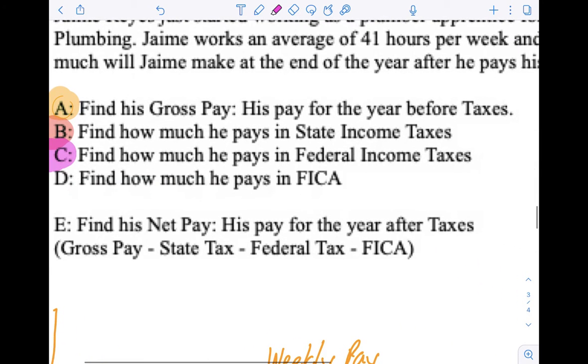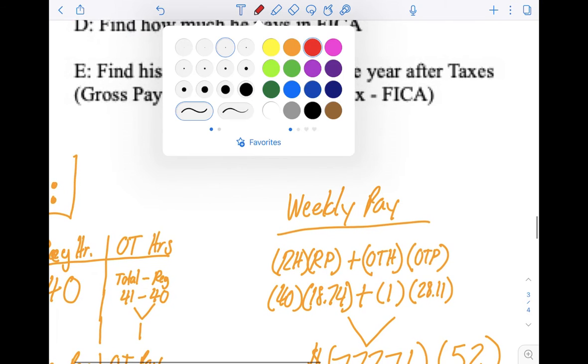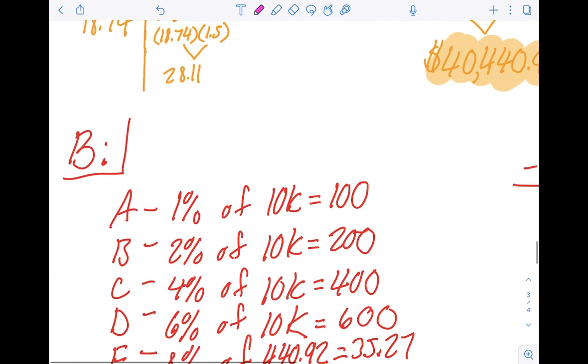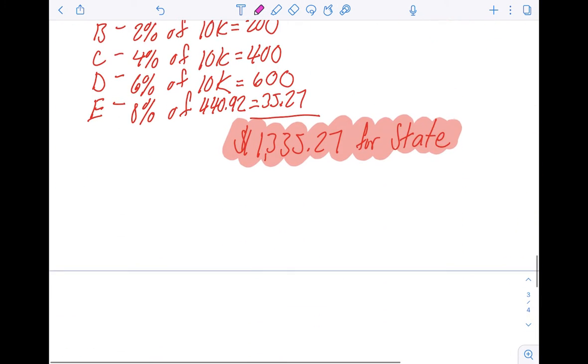How much does he pay in federal income taxes? Okay, so let me switch this to pink here. We got A, we got B. Let's do C. How much does he pay in federal?